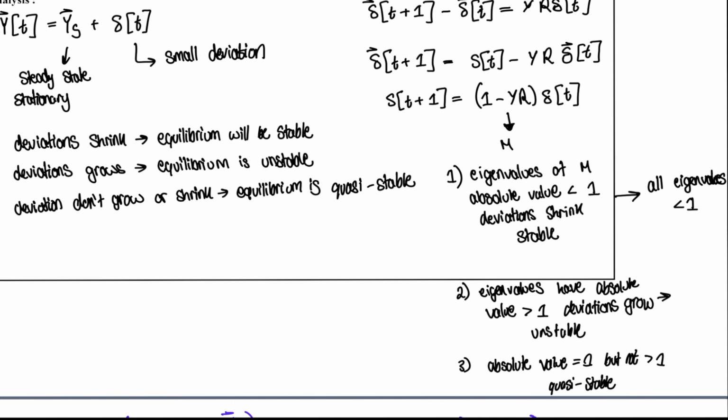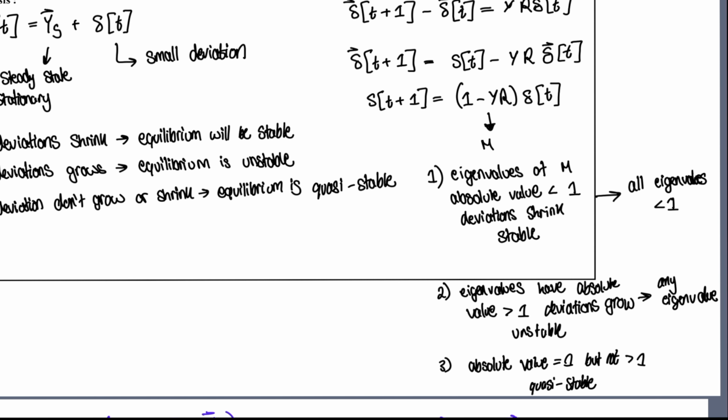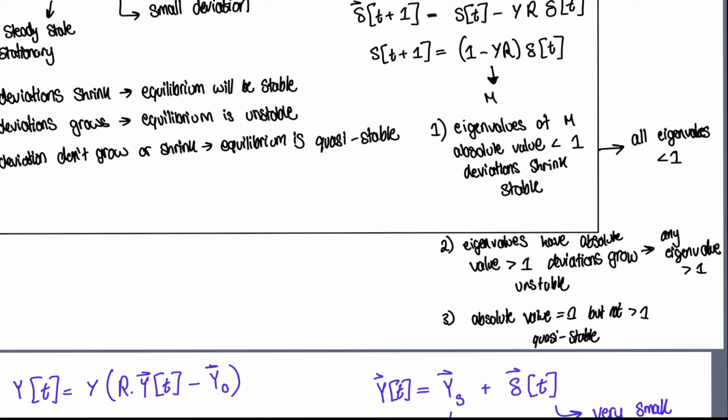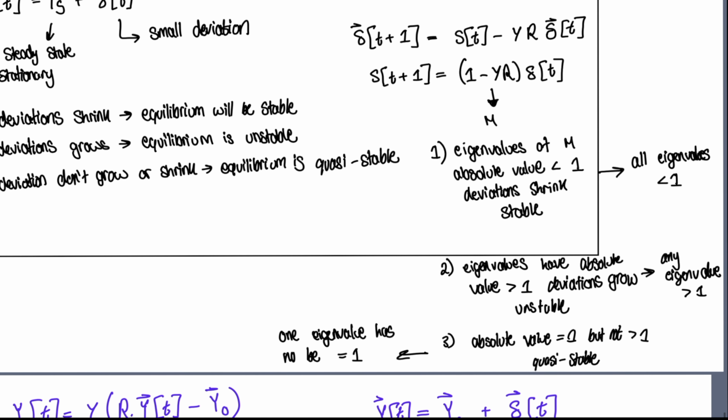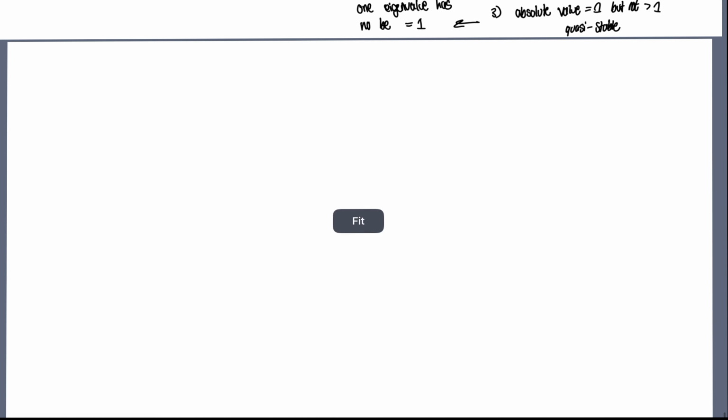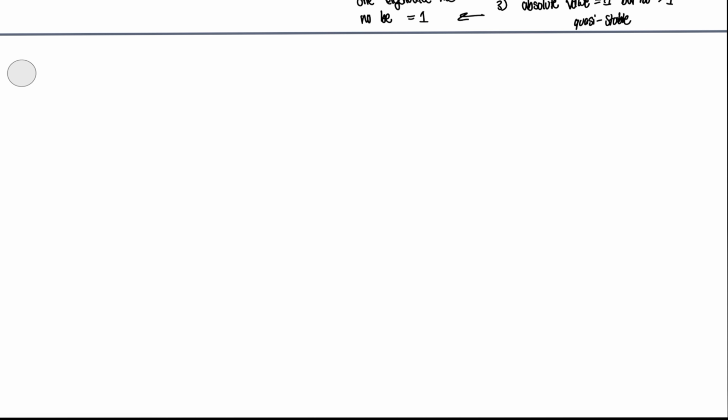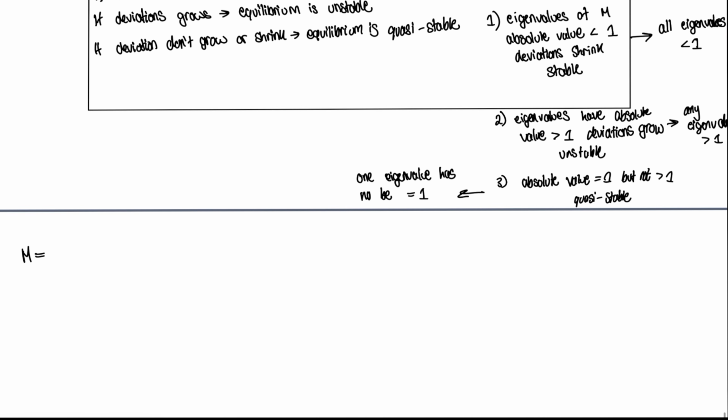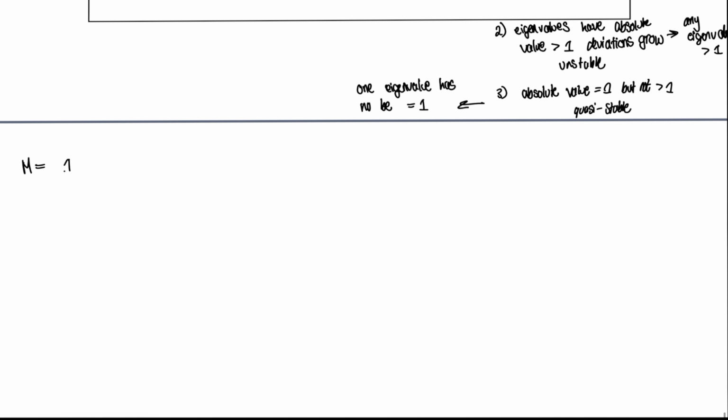For the second one, it's any eigenvalue greater than 1, and for this one, one eigenvalue has to be equal to 1, and then the others shouldn't be greater than 1. So pretty much everything depends on the eigenvalues. Cool. So everything depends on the eigenvalues of the matrix M, which is 1 minus lambda R.